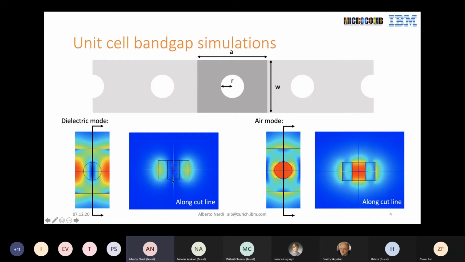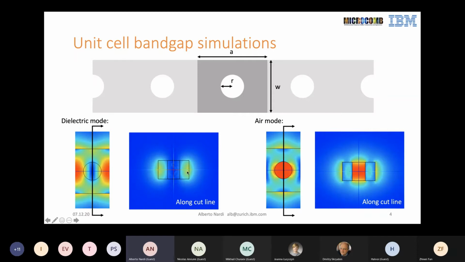Here I am showing some FEM simulations to show the first two modes that we find in this unit cell. We see on the left the dielectric mode and on the right the air mode. Here the black lines are cut lines, and I plotted on the right, with respect to the top view, the cross section along this cut line.